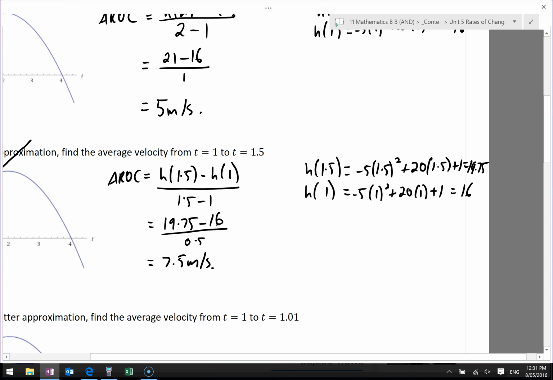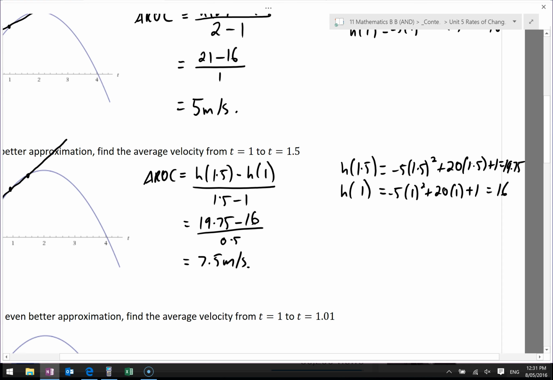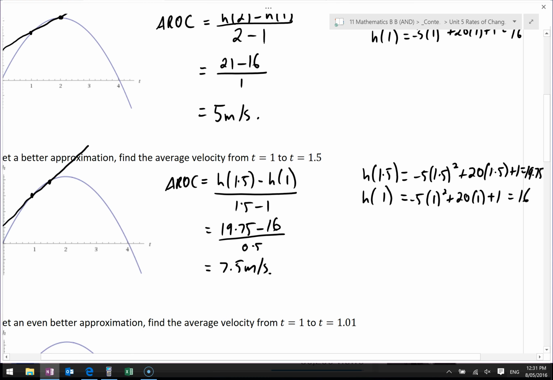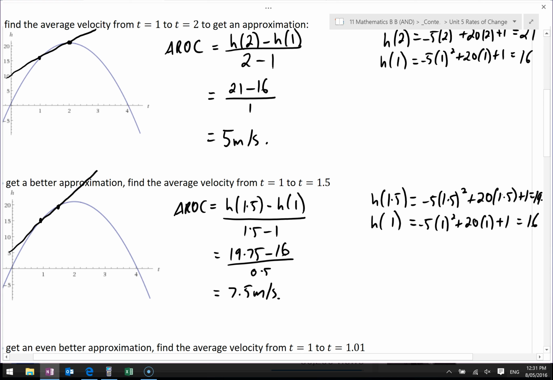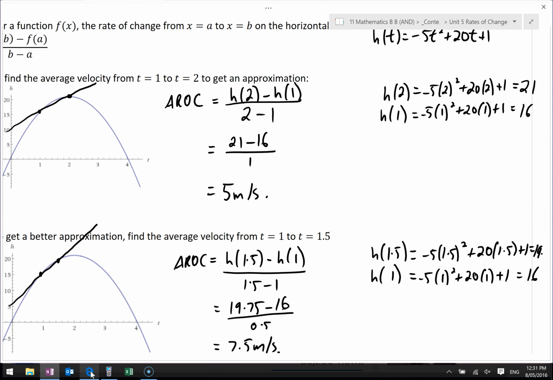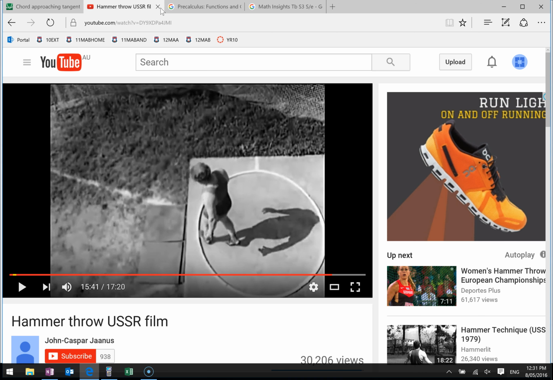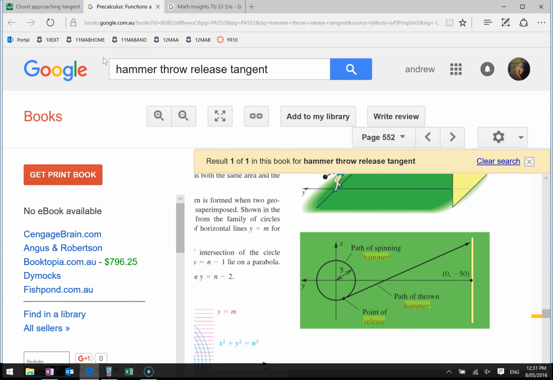So where we're at is I got an average rate of change of 7.5 meters per second there. So as we can see, it's increasing. Okay, the slope is increasing as our chord here gets closer to our tangent. So I'll get rid of these guys.